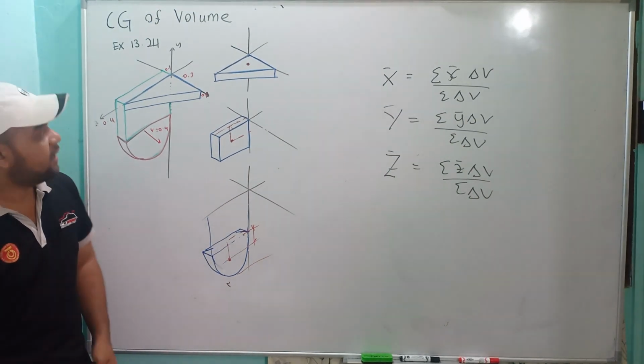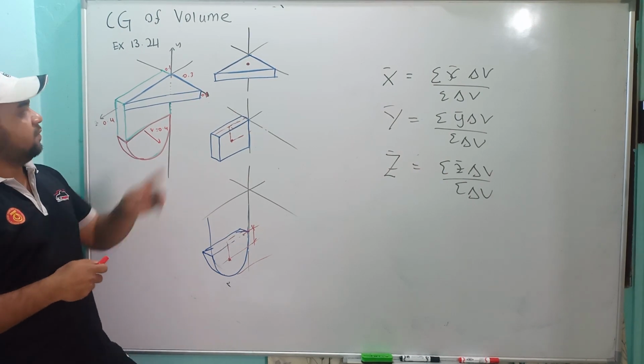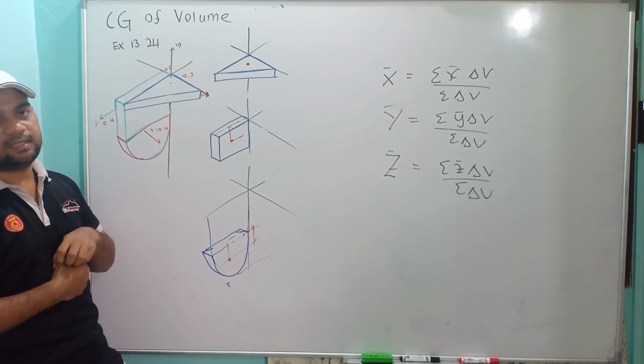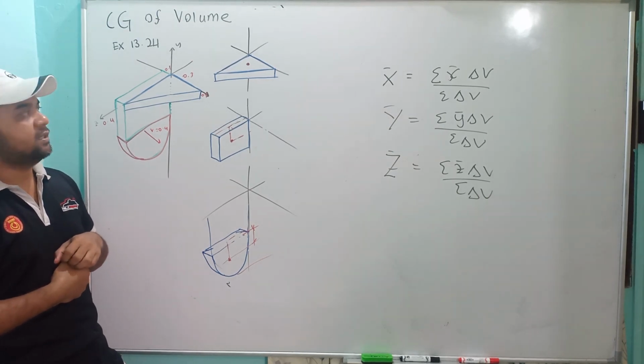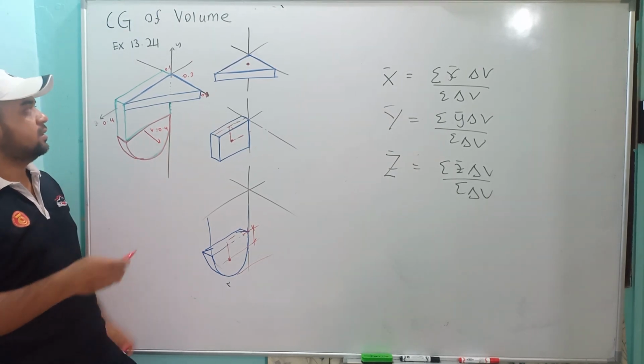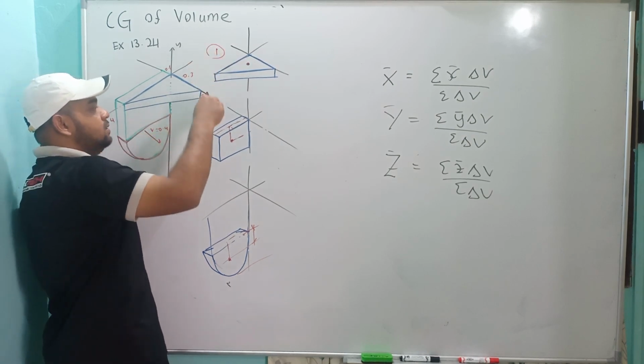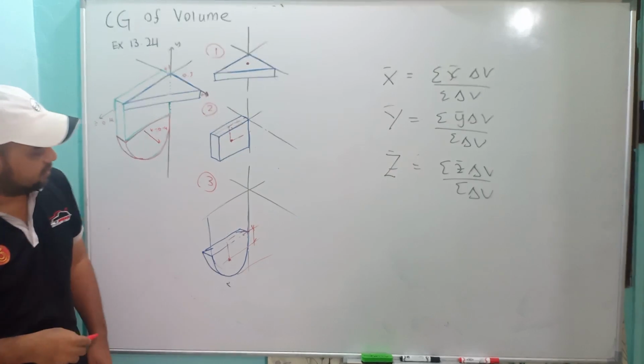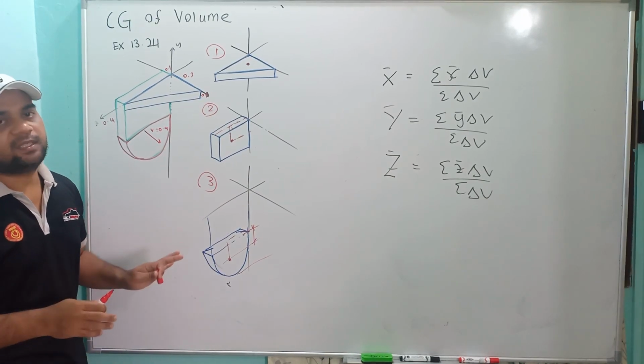So we know how to calculate the volume of each and every component, and we know the location of C, the centroid of each and every component. So we have 3 components, 1, 2 and 3. This is our first step.